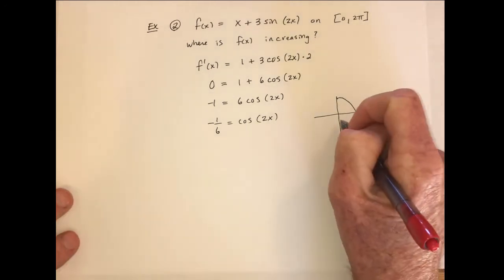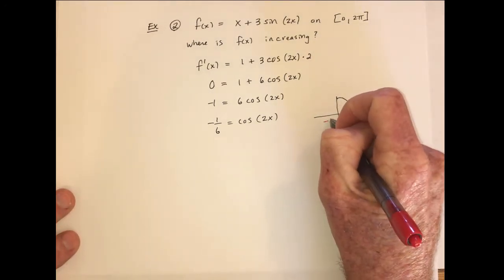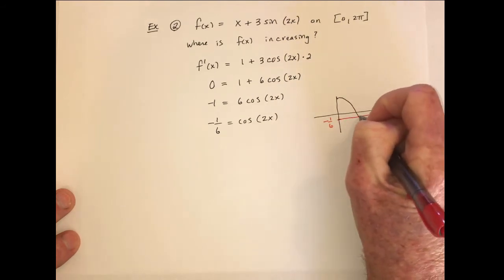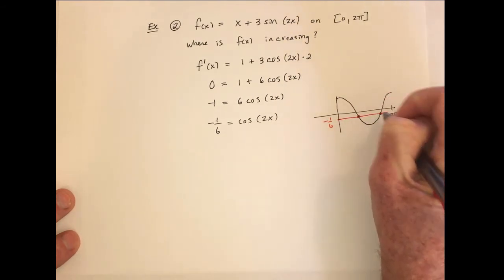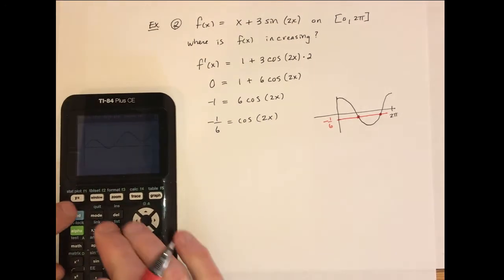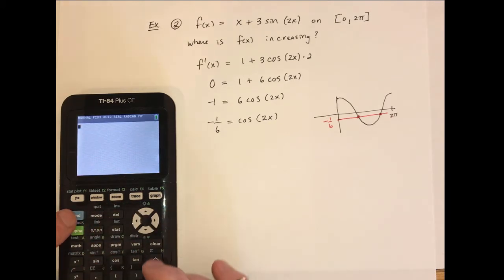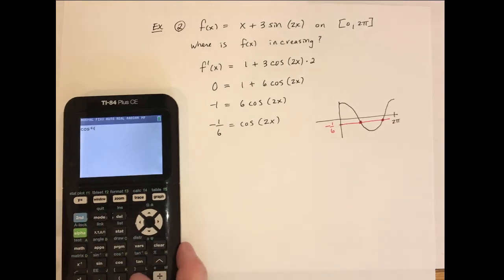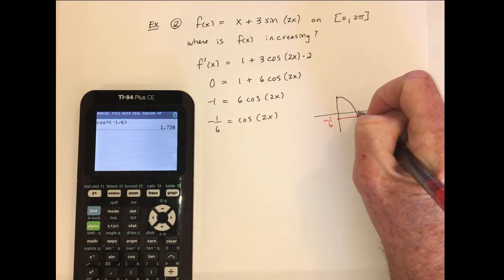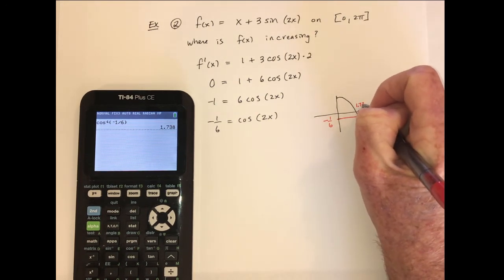So if I put a little horizontal line right here at the y value -1/6, then there's going to be 2 answers. One answer can be found by taking cosine inverse. So what is cosine inverse of -1/6? 1.738. So that means this x value is 1.738.